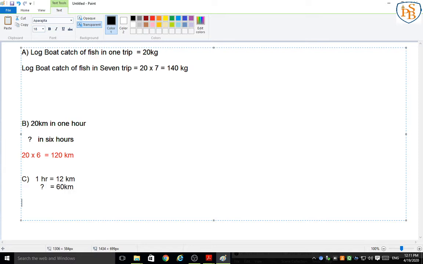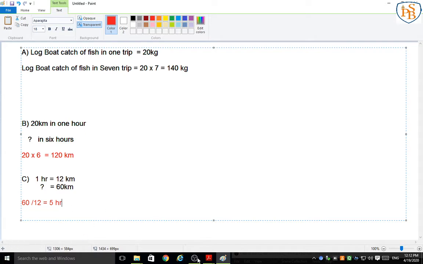So students, how can we solve? Yes, we just have to simply divide 60 divided by 12. Everyone, the table of 12. 12 fives are 60. So to cover 60 kilometer distance, it will take 5 hours.